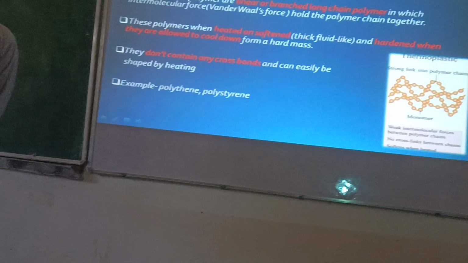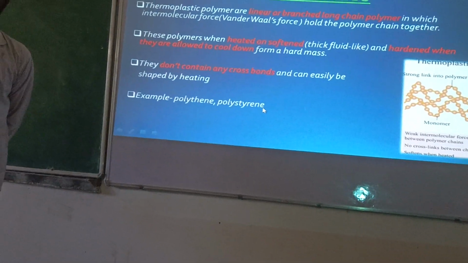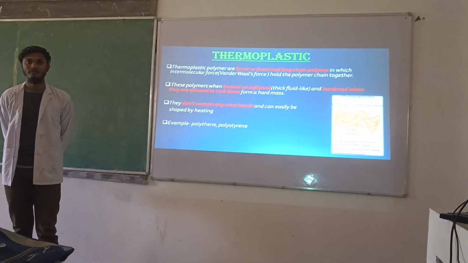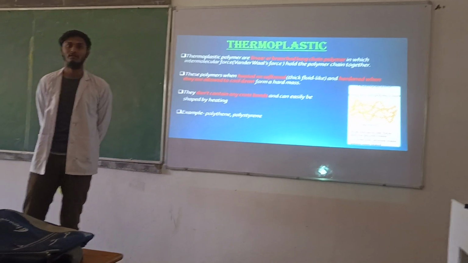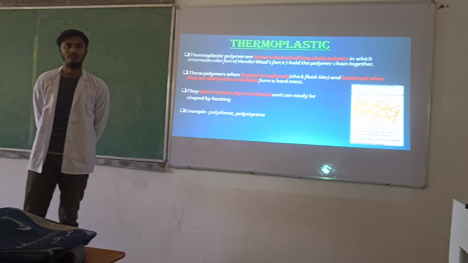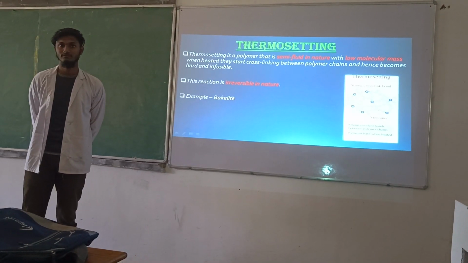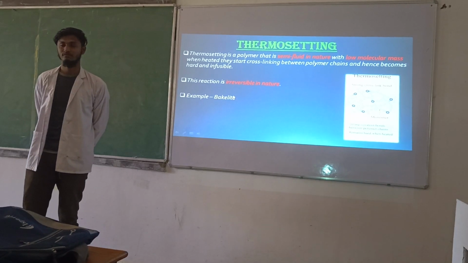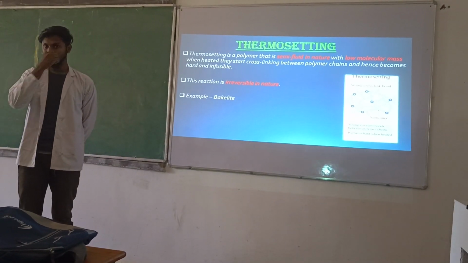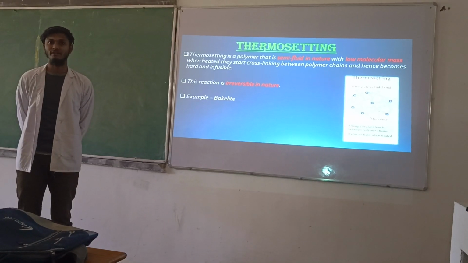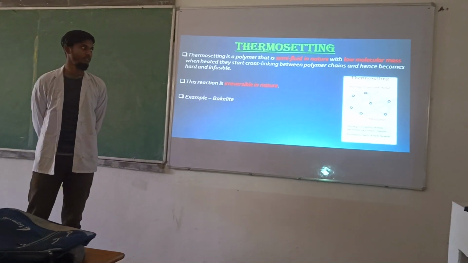Polystyrene can be remolded again. There are several plastic chairs in homes and institutes. They come under the thermoplastic category. But bakelite, like the handles of cookware, comes under thermosetting plastics, which cannot be remolded again, and it is useless afterwards.